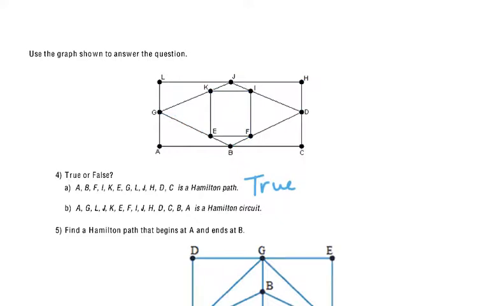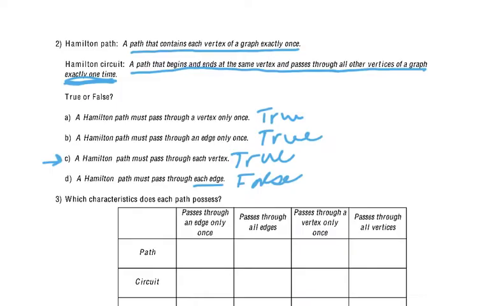We're checking to see if this sequence is a Hamilton circuit. So we're starting A, G, L, J, K, E, F, I, J. I can stop right there because look, I repeated a vertex, and based on the definition, it says a path that begins and ends at the same vertex and passes through all other vertices of a graph exactly one time.